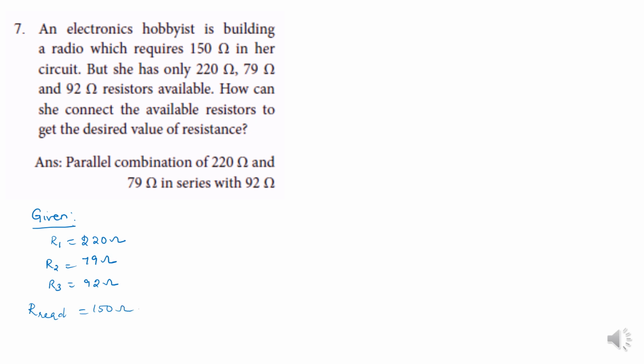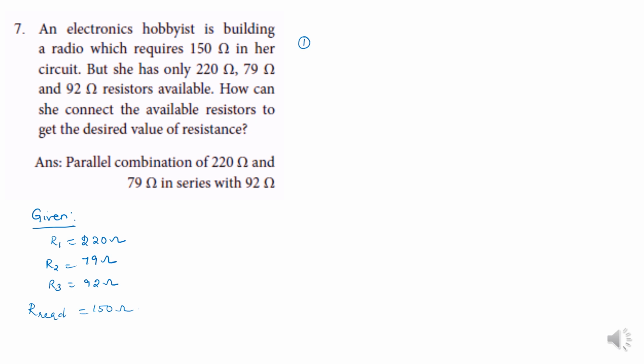So what we do is, normally if we have 3 resistors but our requirement is different, you have to use the available resistors in different combinations, could be either series or parallel or a combination of both series and parallel, so that you get the required resistance of 150 ohm. Okay, so first you start with all the resistors connected in series.